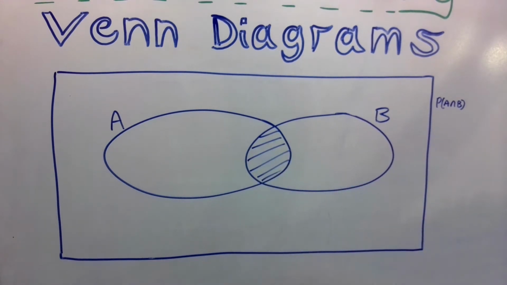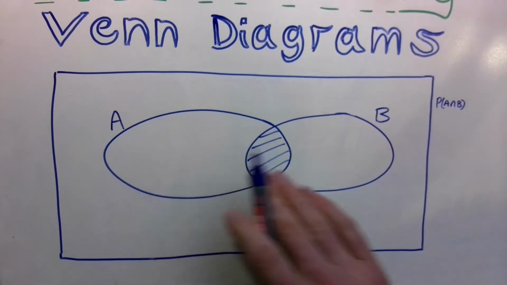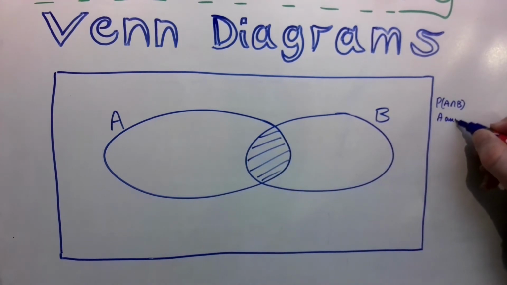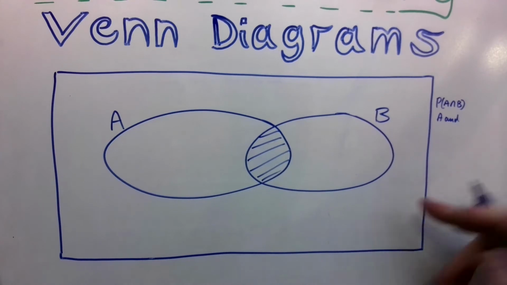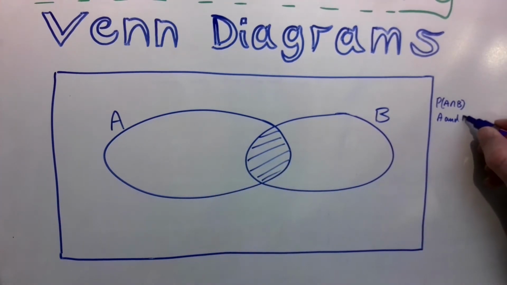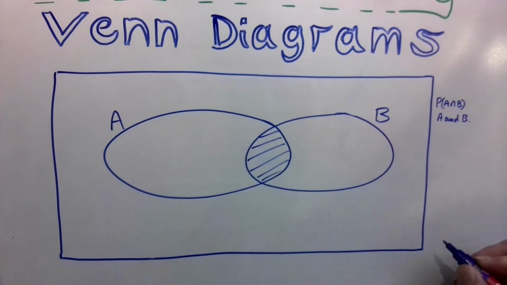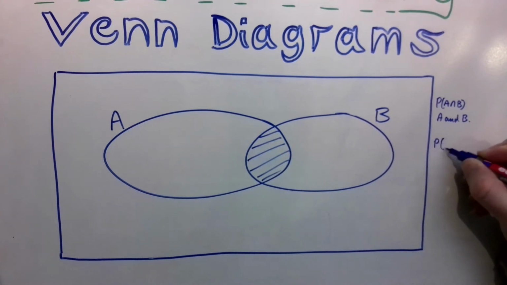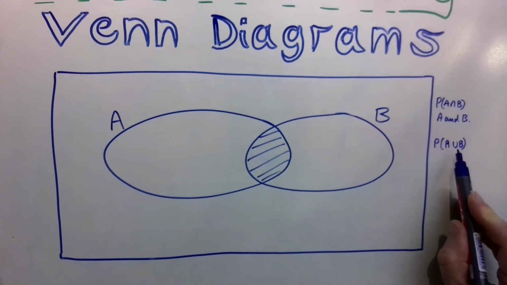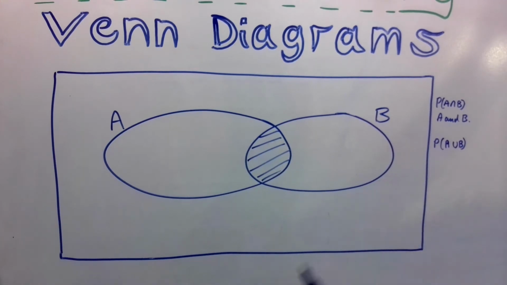But sometimes you might want A and B, which we normally get by, in terms of probability, by timesing the probability of B by the probability of A. So that would be A and B. There's another one that looks very similar, and it's very important to remember the difference between them, and that's A union B. Union means everything together.